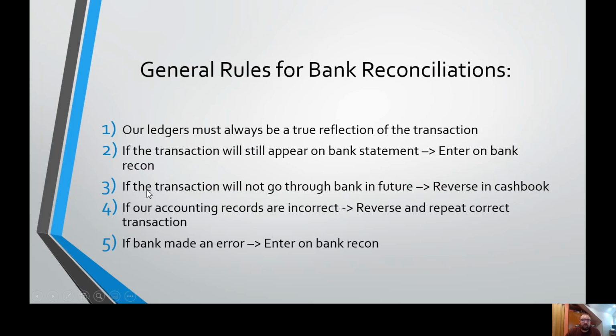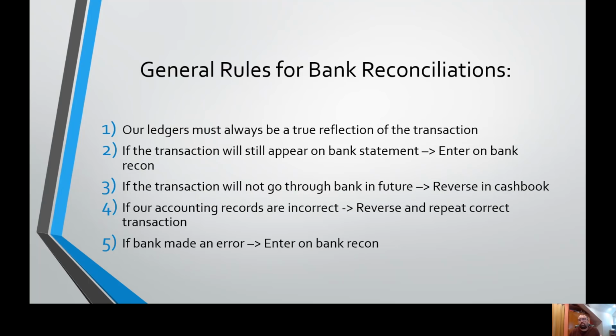Number 3, if the transaction will not go through the bank in future, reverse it in the cash book. An example of that will be a stale check. So let's say we issue a check to our client and they don't bank it in the first month. So we show it on our bank reconciliation because it can still happen in future. Month 2, month 3, month 4, month 5, month 6.